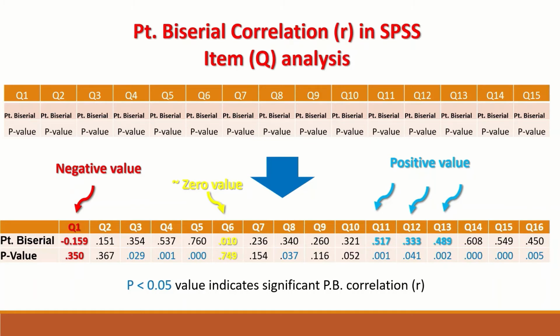Again, here we have questions with their point biserial value and p-value. In the red labeled score, question number 1, we see that the value is negative and it is not significant because the p-value is greater than 0.05.